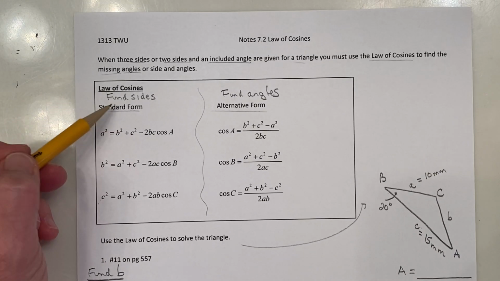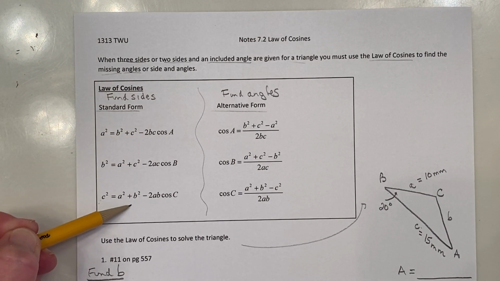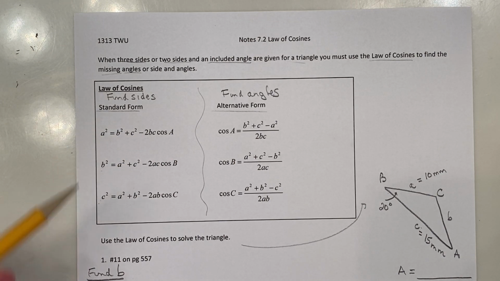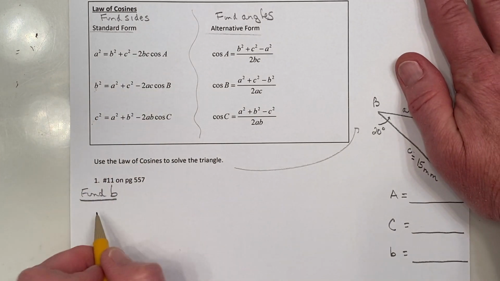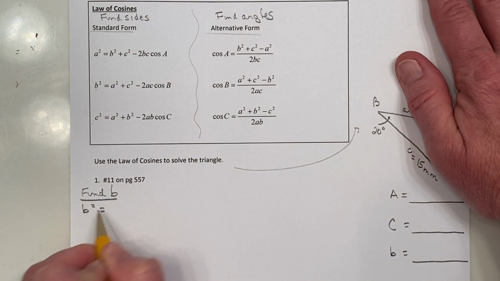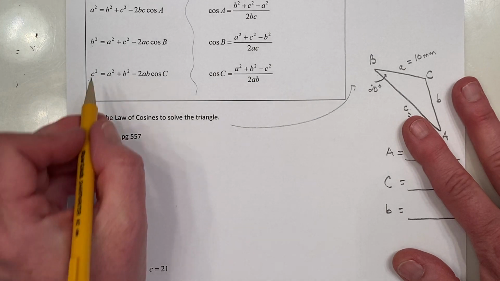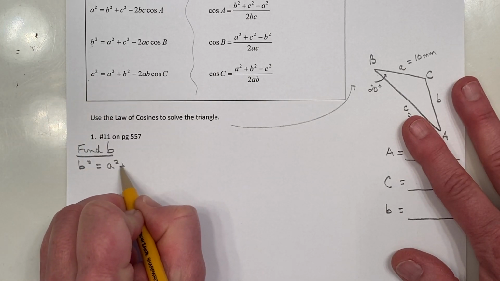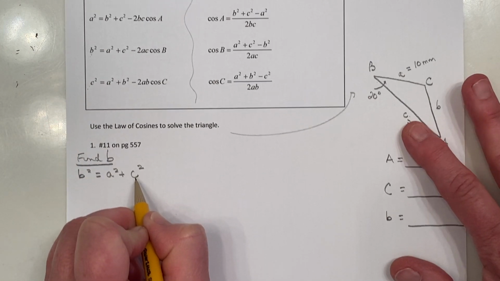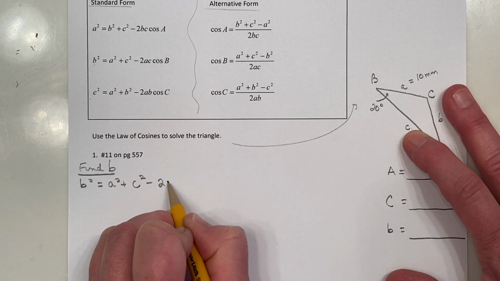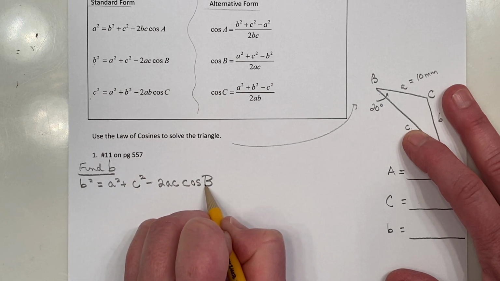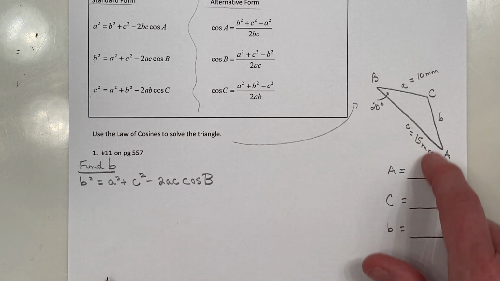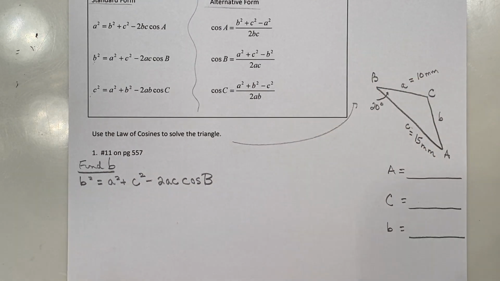I'm going to use these formulas up here to find sides, so I'm looking for the formula that has b squared. So b squared is equal to a squared plus c squared, minus 2 times a times c times the cosine of angle B.